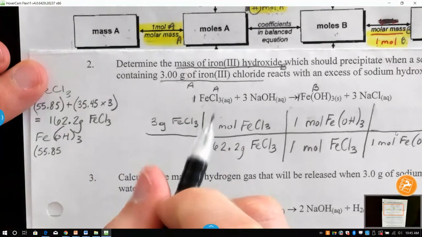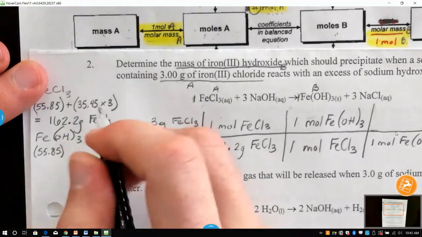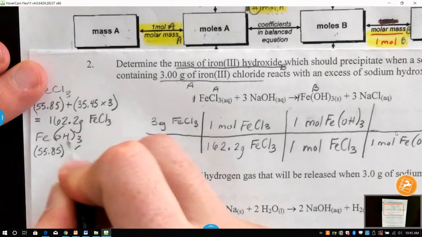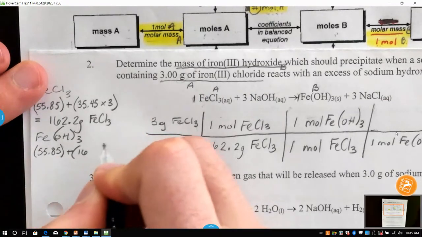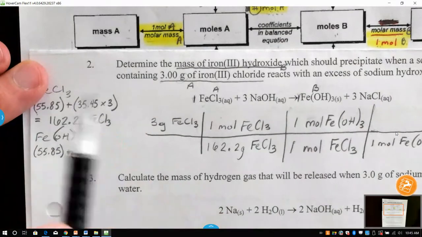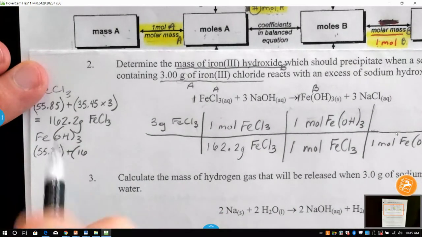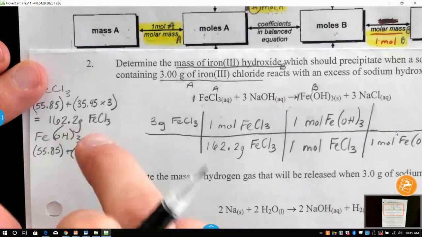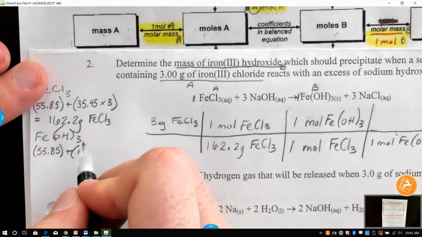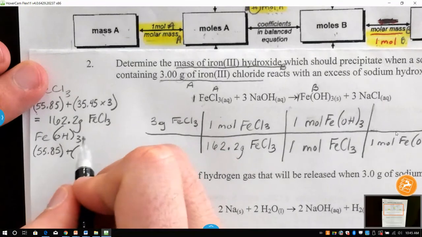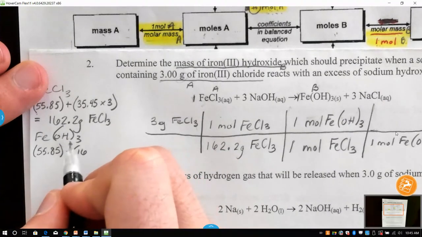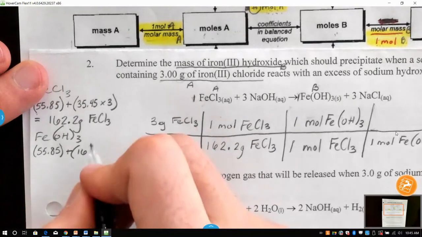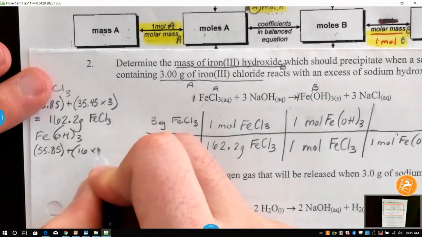Are there multiple irons? No, so we close the parenthesis. Is there another element? Yes, add a plus sign. First element we see is oxygen, which, on the periodic table, is 16 grams. And how many? Well, in here I only see 1, but when you have a subscript on the outside of parentheses for a polyatomic ion, it distributes inside. So even though there's only 1 oxygen, it's 3 times that 1. So we have to multiply this 16 by 3.